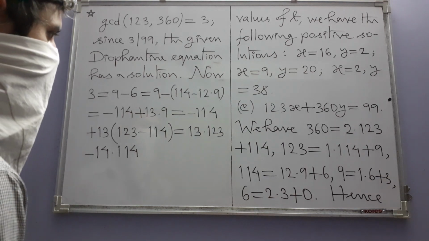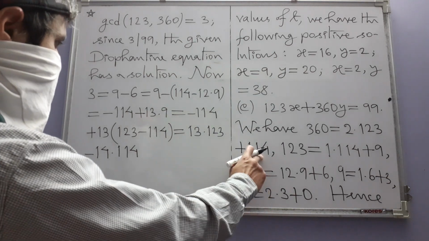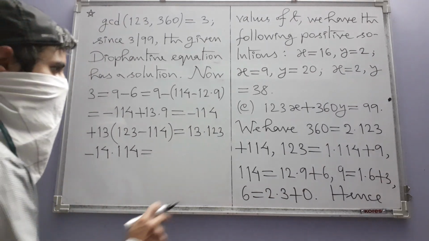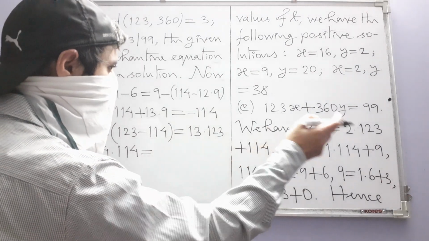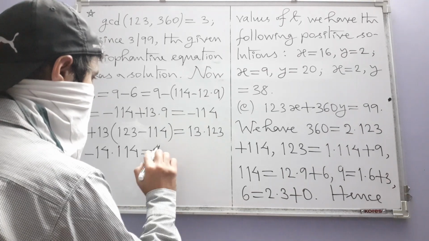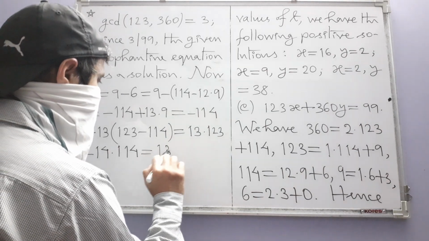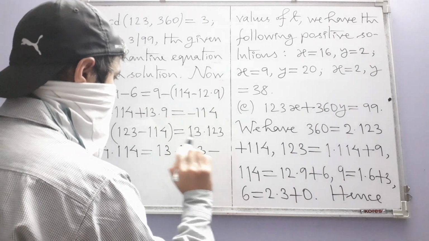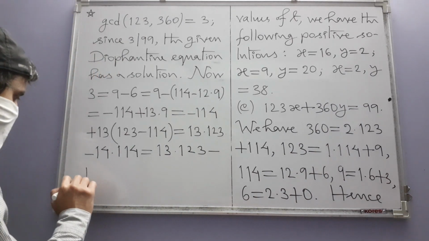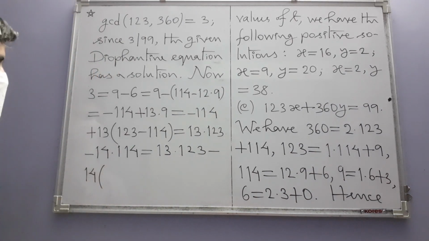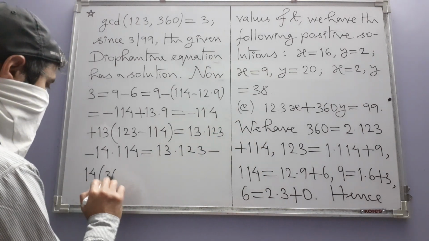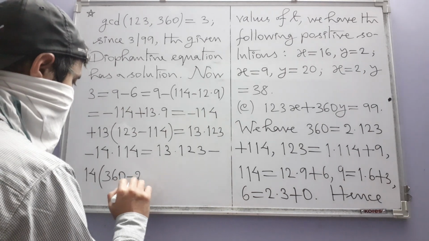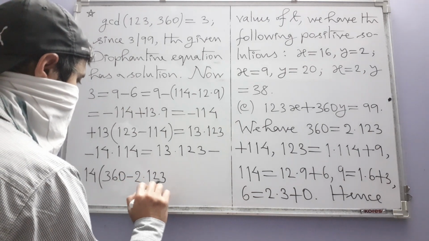And there is one more, no? This one. So here we replace 114 with 360 minus 2 times 123. So 13 times 123 stays like this, minus 14 times 360 minus 2 times 123.